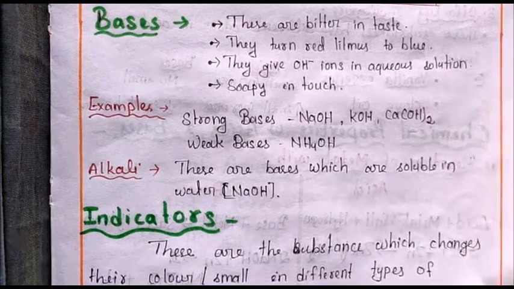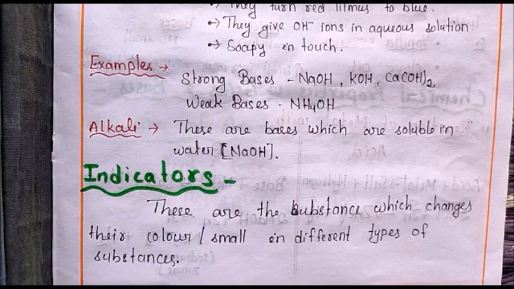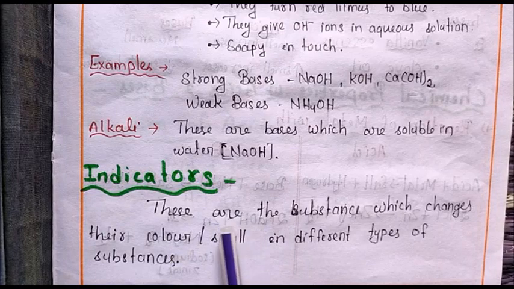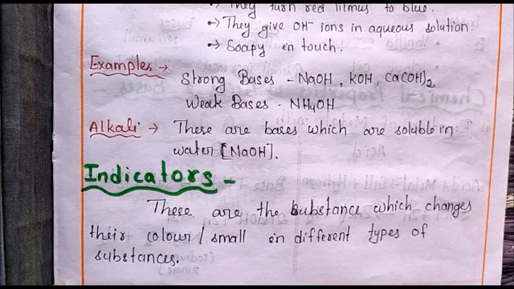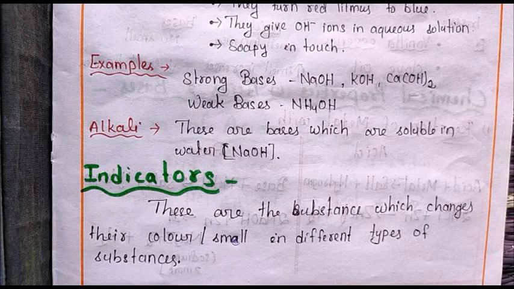Now come to indicators. These are substances which change their color or smell in different types of substances. With the help of indicators, we can know which one is a base and which one is an acid, because of their change in color and smell.